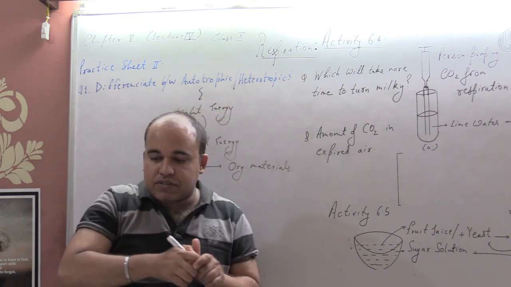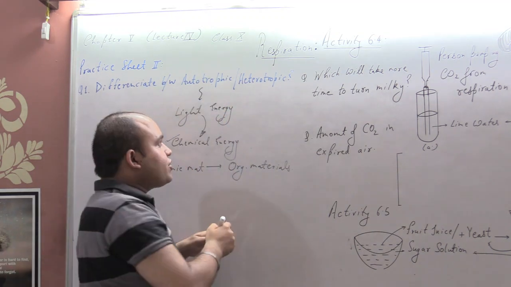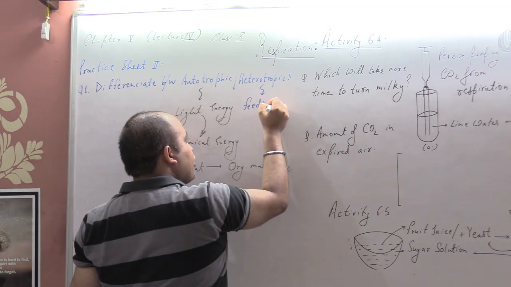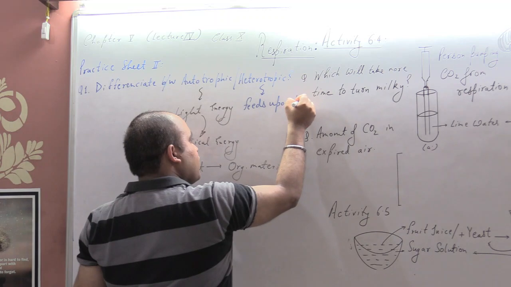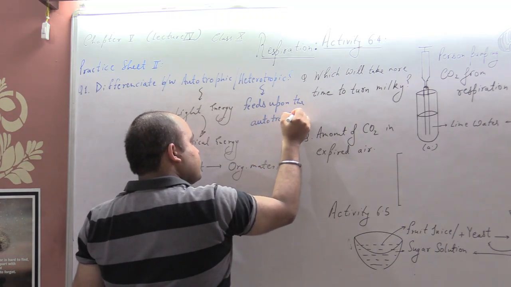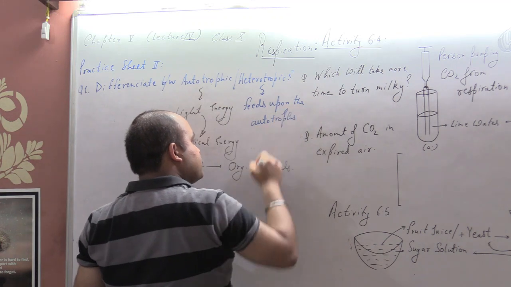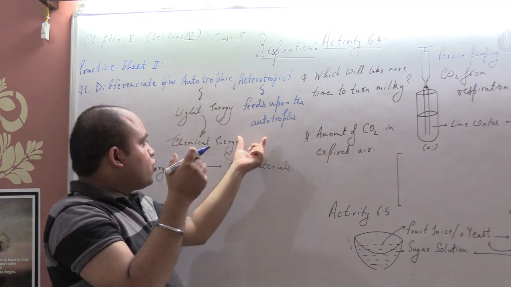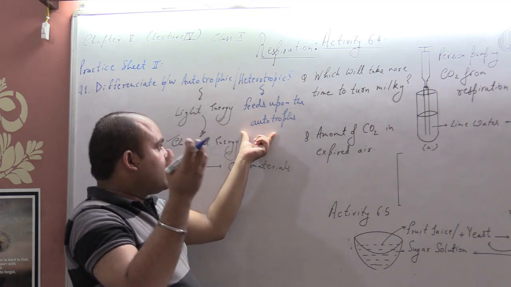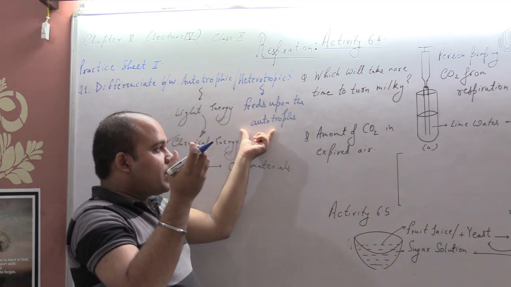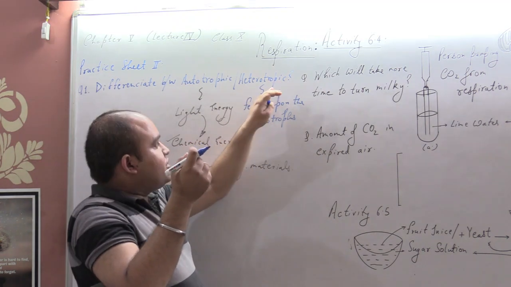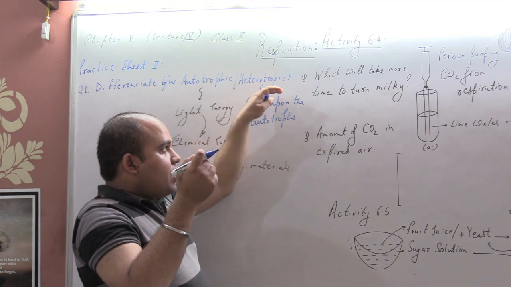What do you mean by heterotrophs? Heterotrophs are the organisms which feed upon the autotrophs. As they feed upon the autotrophs, they work upon the food material accumulated by the autotrophs, and then utilize that food material for satisfying their own body needs, their own energy, mineral, nutrient and other needs.